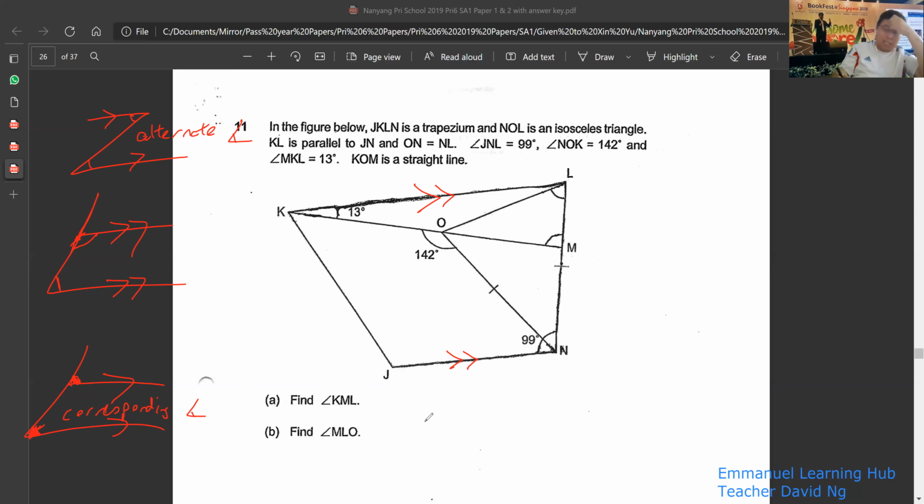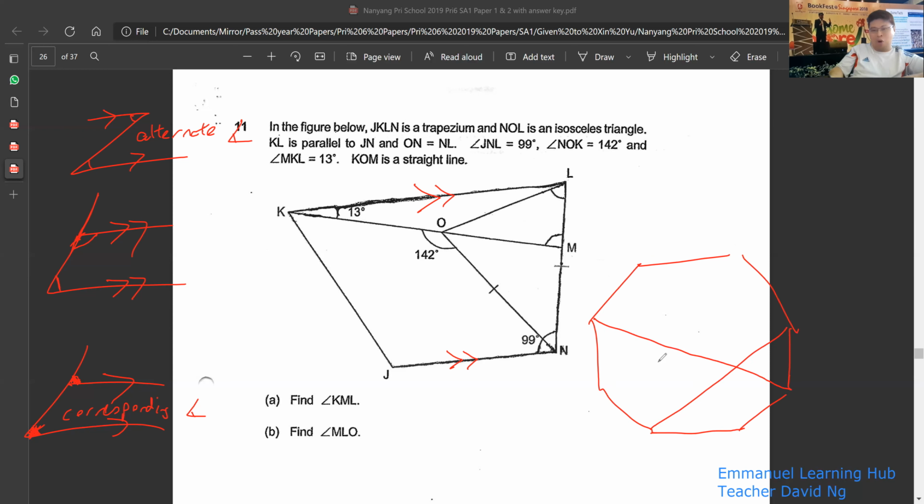Then in secondary school, you will involve polygons. You know what's a polygon? No. This is an example of a polygon. More complex than what you have seen, right? Can you see your alternate angle now?